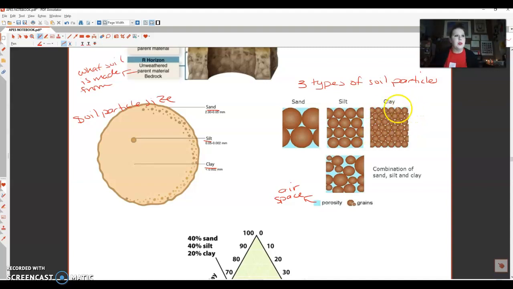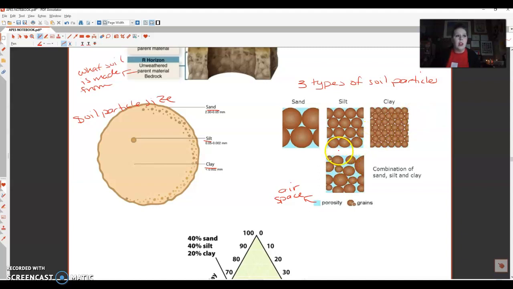Now, when you get to clay, which is the smallest one, there is very little porosity. So clay is going to hold on to water. It's not going to let it move through it. Silt, the medium one, has medium-sized spaces, and so it does allow a little bit of water to move through it, not as much as sand, and then it lets a little bit more out than clay.